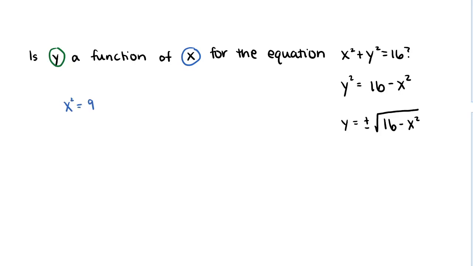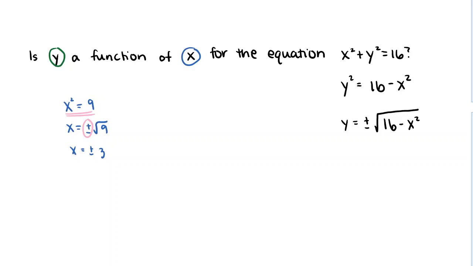To get all of the solutions, I would take plus or minus the square root of 9 to get x is equal to plus or minus 3. Positive 3 squared gives me 9, and negative 3 squared also gives me 9. So I really needed this plus or minus to find all the solutions to this equation.